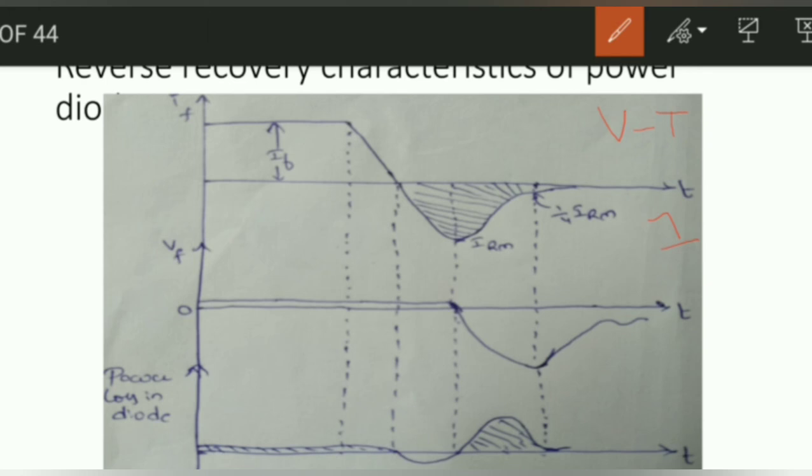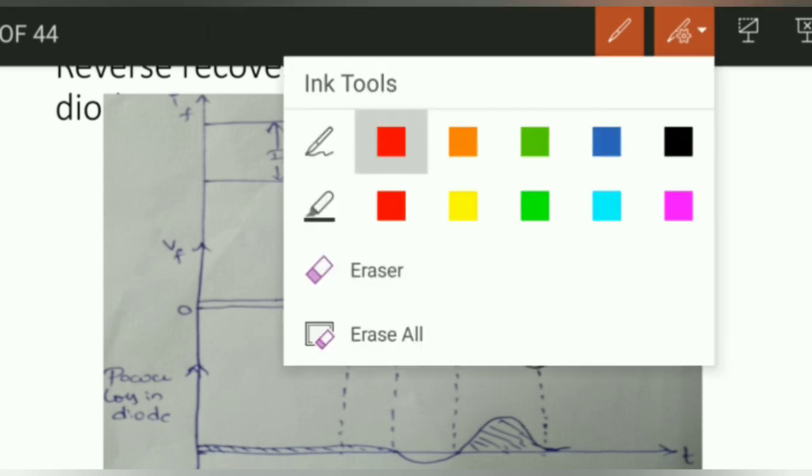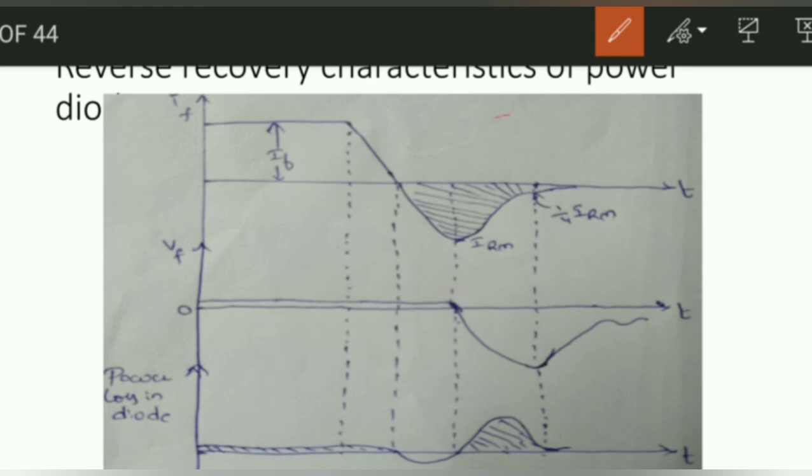If the softness factor S factor is small, the diode has a large over voltage.